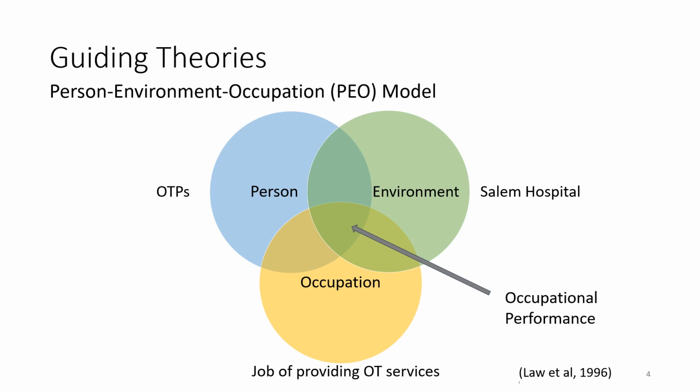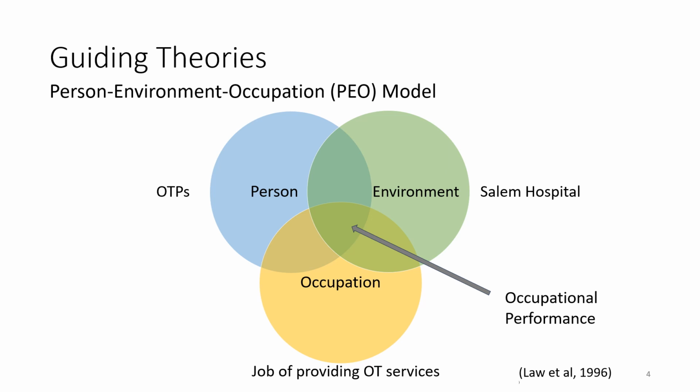During my capstone, there were 3 theories that guided my work. First is the Person-Environment-Occupation, or PEO, model. This occupation-based model helped ground my work in the principles of occupational therapy.